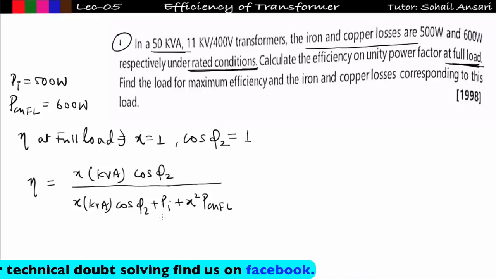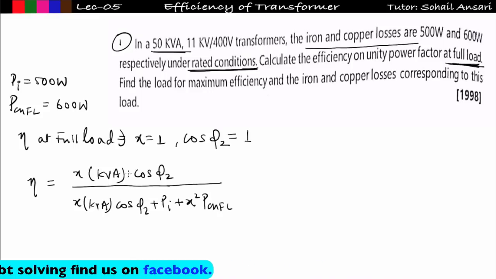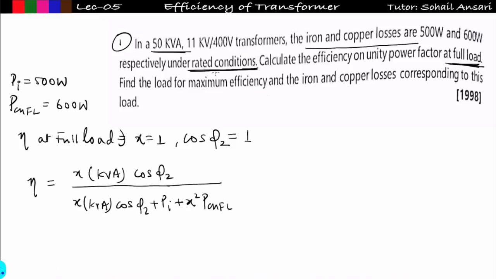No problem, but before that you have to find the value of I2, the full load current. Why increase the number of steps? In the GATE exam you should reduce the steps so that you get the answer quickly. So apply this formula for a quick result.